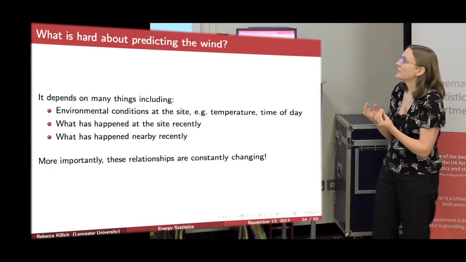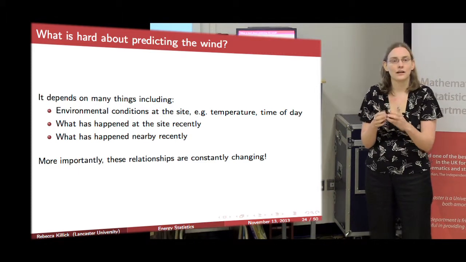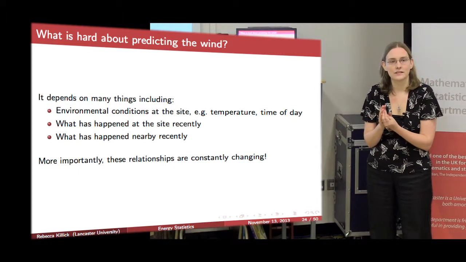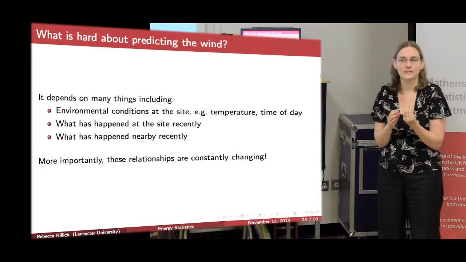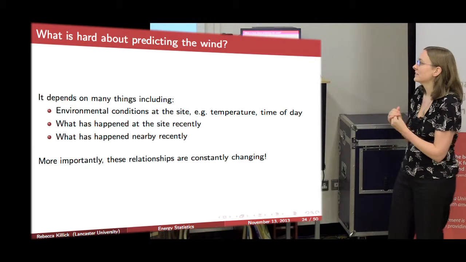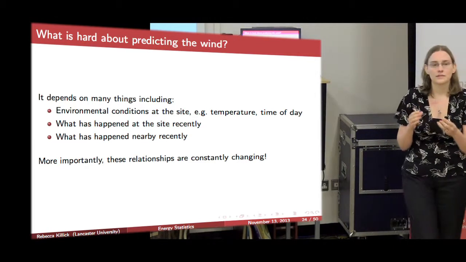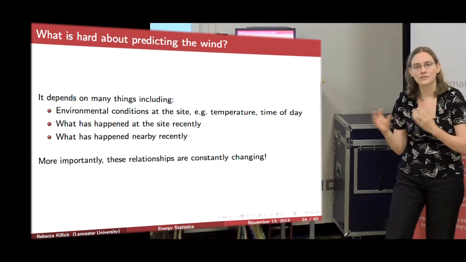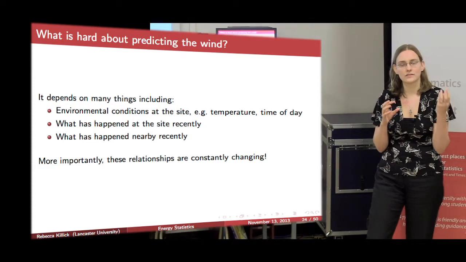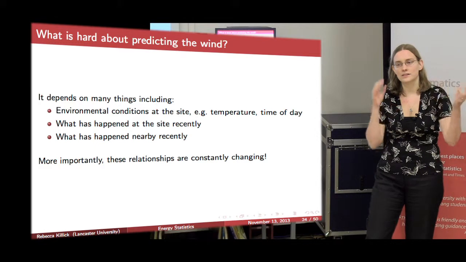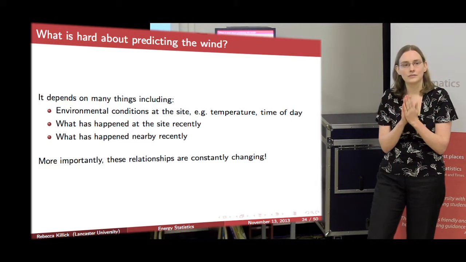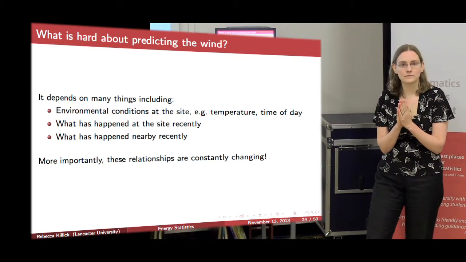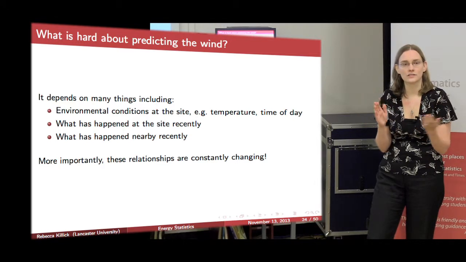And there's also other things like temperature and other environmental conditions that can actually affect how much wind you're getting at a specific site. What's more important is, as I was saying, if the wind direction changes, then that suddenly changes the relationship between the other sites where you have data and where you're wanting to predict. So all of these relationships are constantly changing.